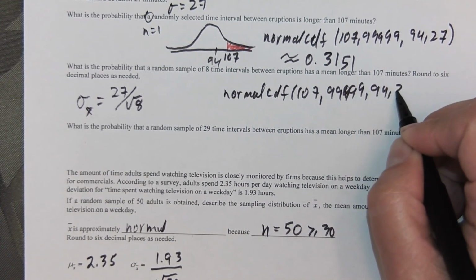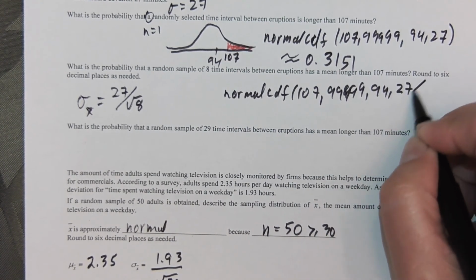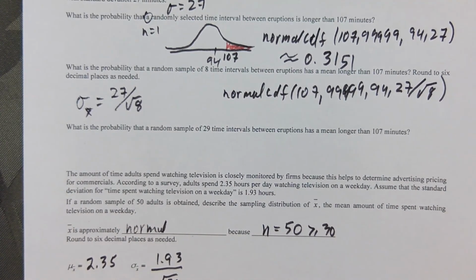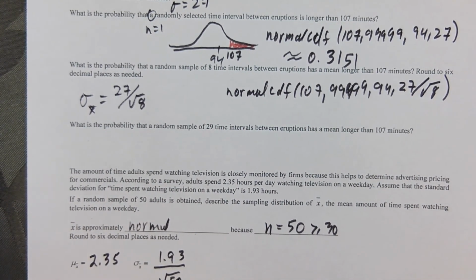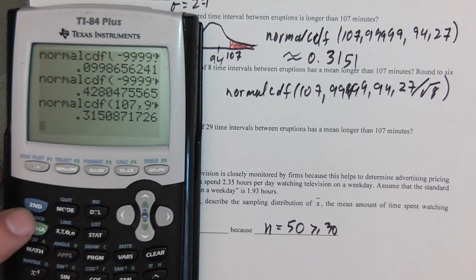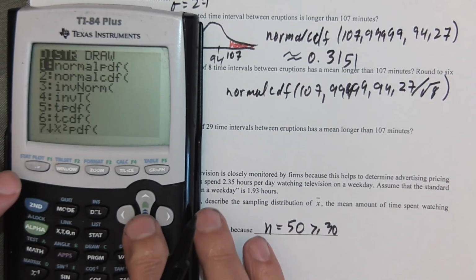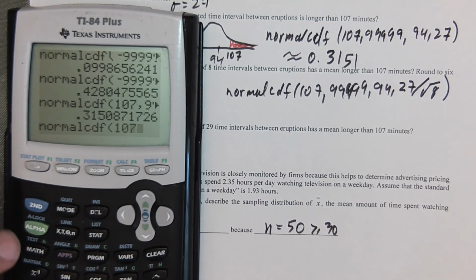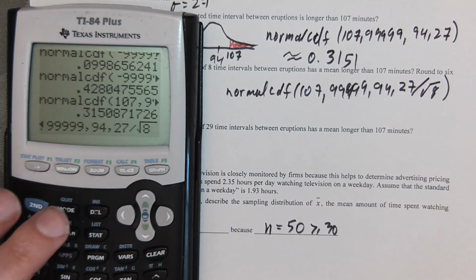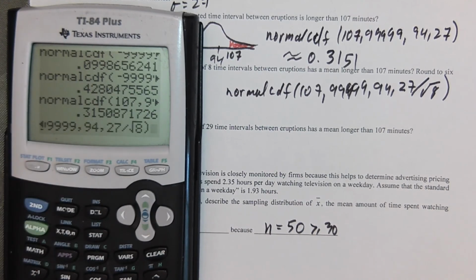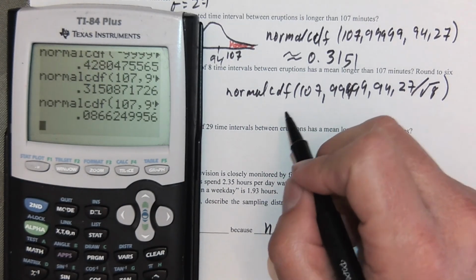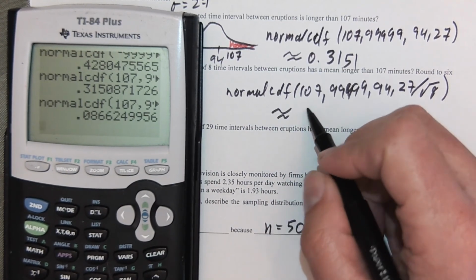Now again directly into the calculator, 27 divided by the square root of 8. 107, 94, and then 27 divided by the square root of 8. And you can see that has changed quite a bit. A lot less chance of that happening.